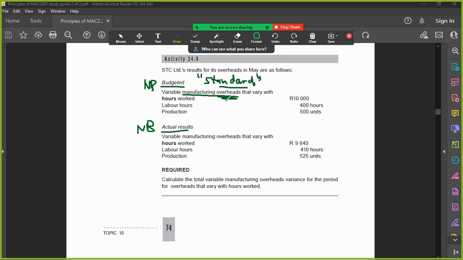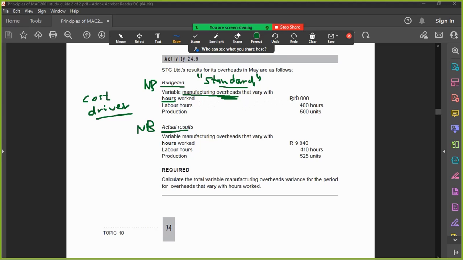And that's why when you're looking at products or you're looking at a process, you need to allocate those overheads somehow to the actual process. So here they've told you that the variable manufacturing overheads vary with hours worked. So hours worked is the cost driver, meaning the more hours we use, the more variable cost would be allocated to that particular product.